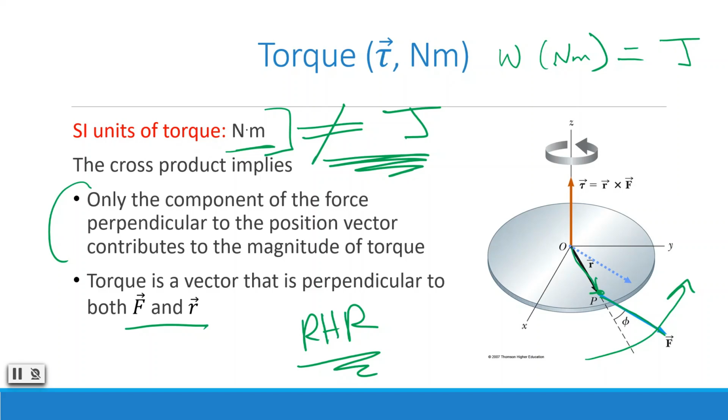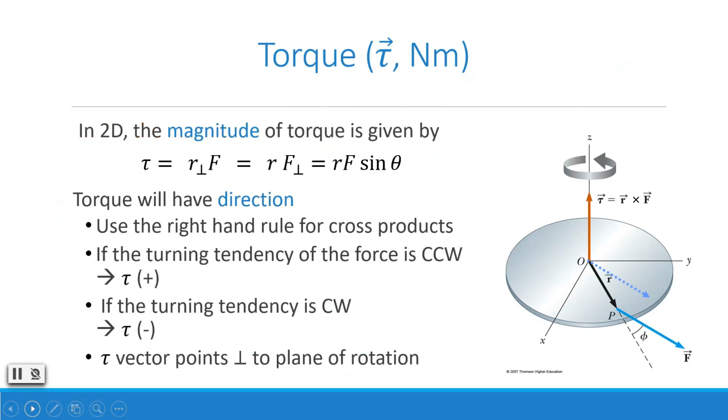Or the nice shortcut way is use the same thing we did for angular velocity. Curl your fingers in the direction that the force is trying to cause a rotation, and then your thumb points perpendicular from that. So the direction of that torque, like I said, is going to be positive if you have counterclockwise.